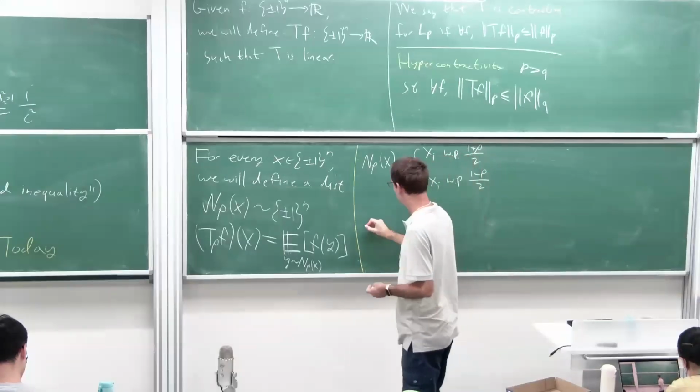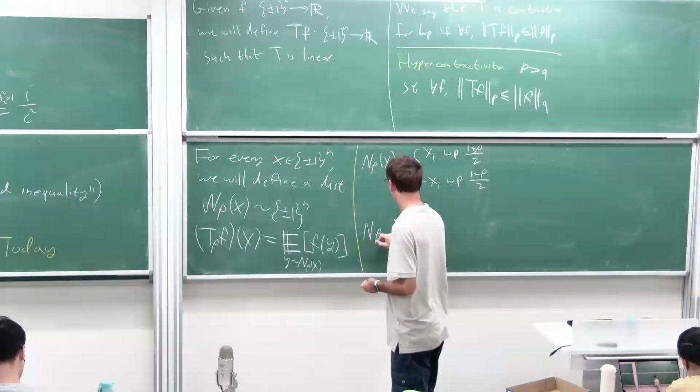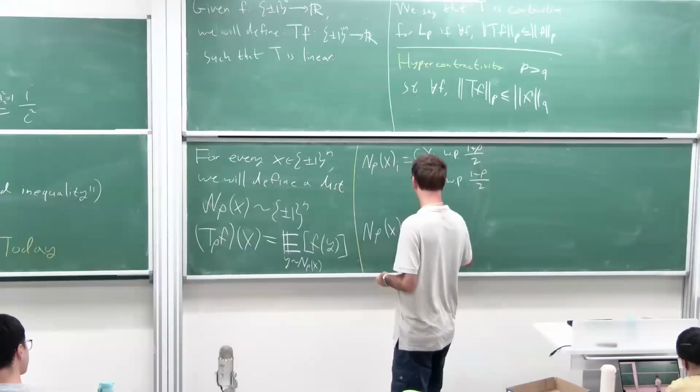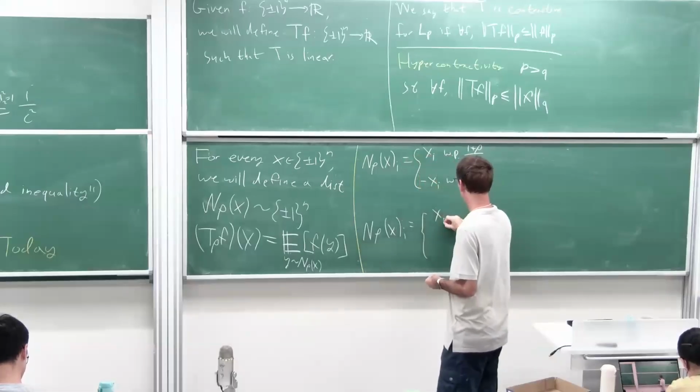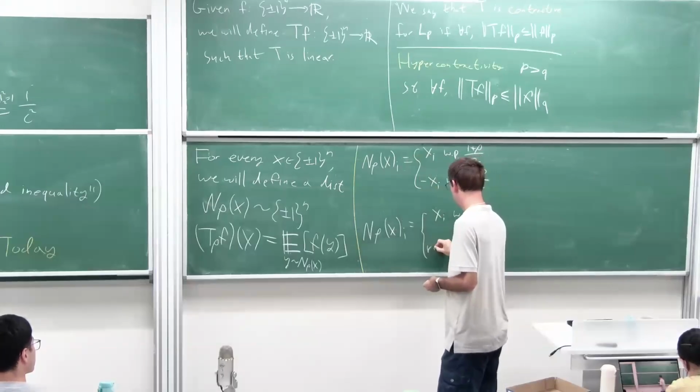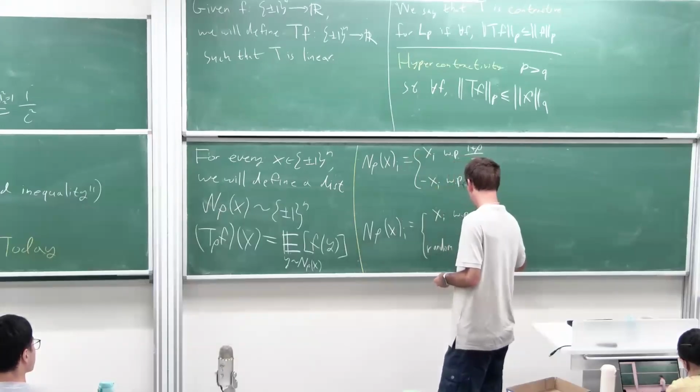Or an equivalent definition: it's x_i with probability rho, and it's random with probability 1 minus rho.